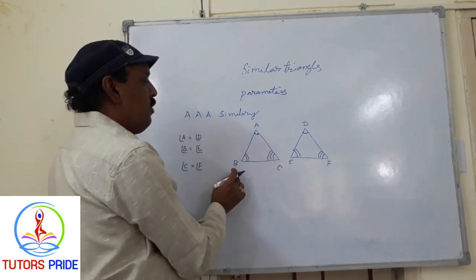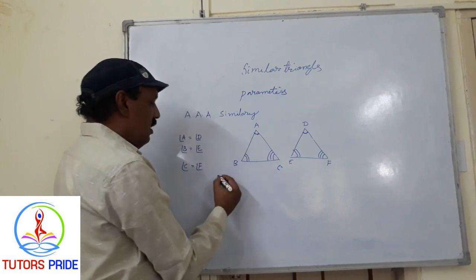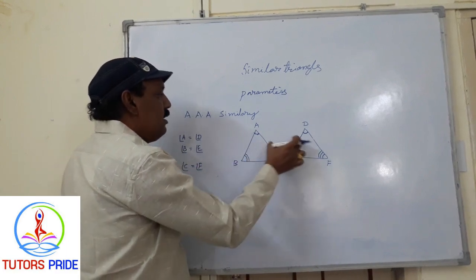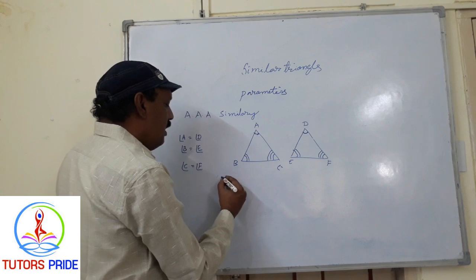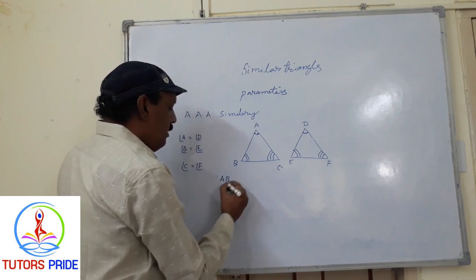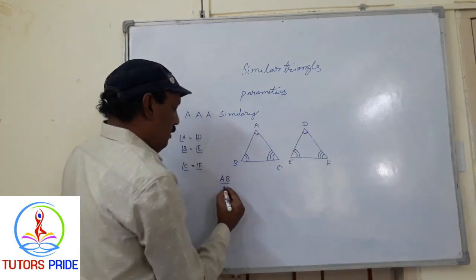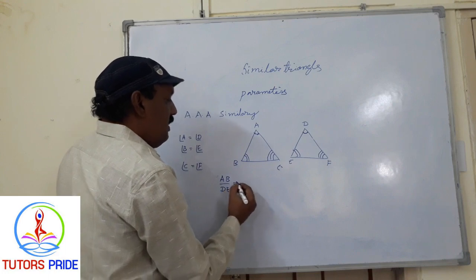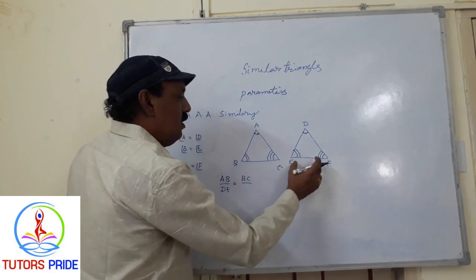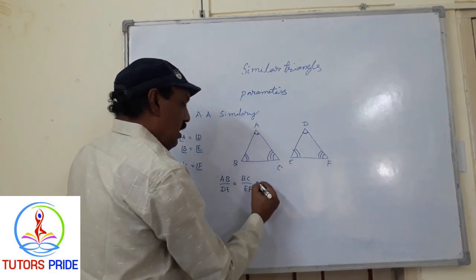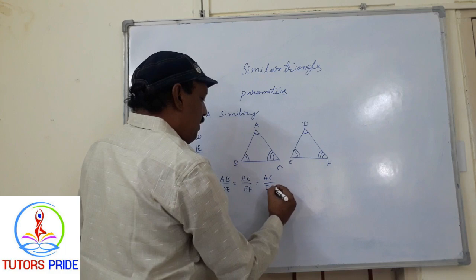In the meantime, these triangles have sides, and the sides have the same ratio. If the angles are similar, then in terms of size they maintain the same ratio. What does that mean? AB is the corresponding side of DE, BC is the corresponding side of EF, and AC is the corresponding side of DF.